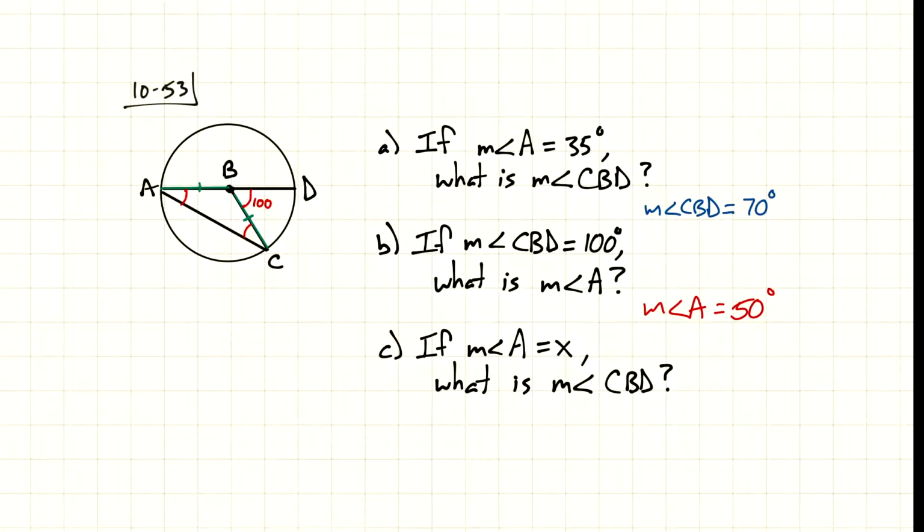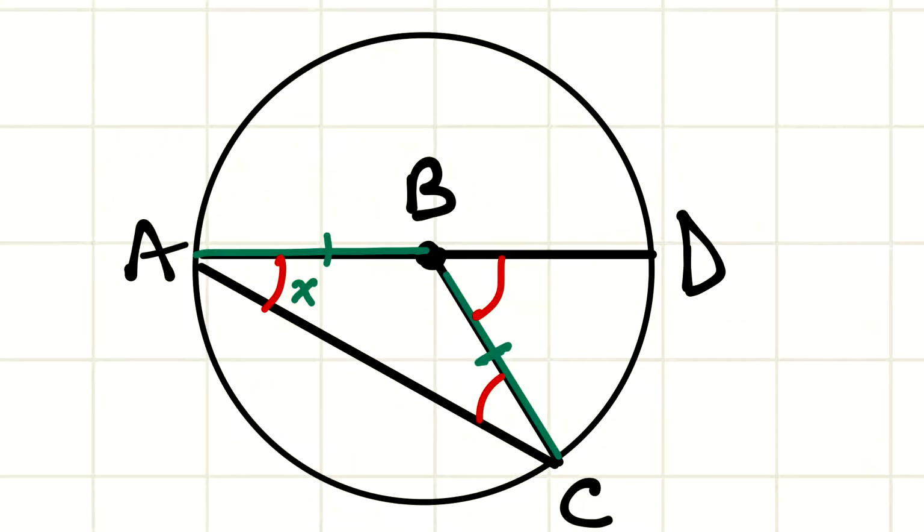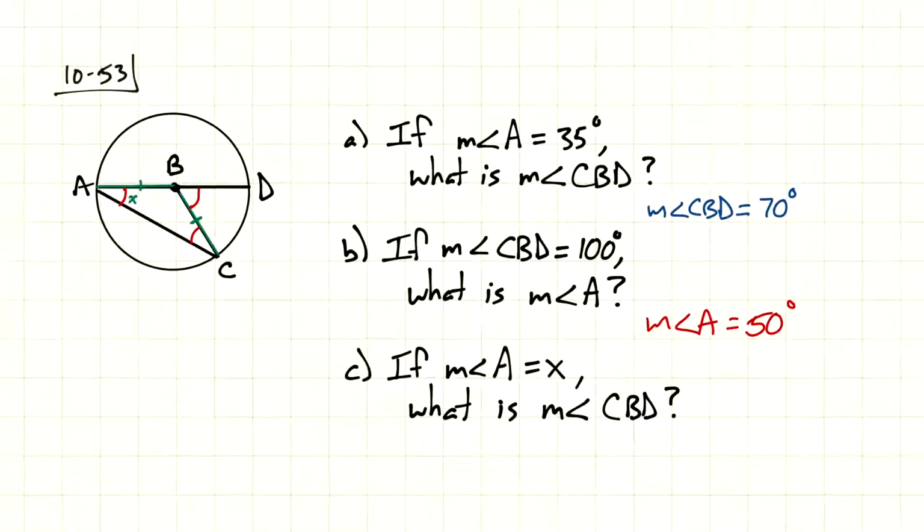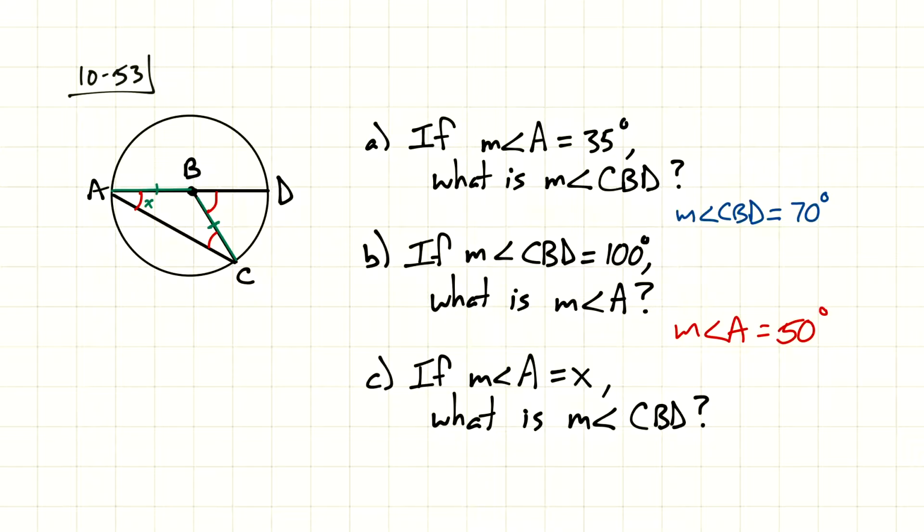And then, if I say the measurement of angle A is equal to x, so I just call this measurement x here, what is the measurement of angle CBD? What is this exterior angle? How are they related? Your answer is going to be in terms of x. It's not going to be an actual measurement. I'll give you a hint.